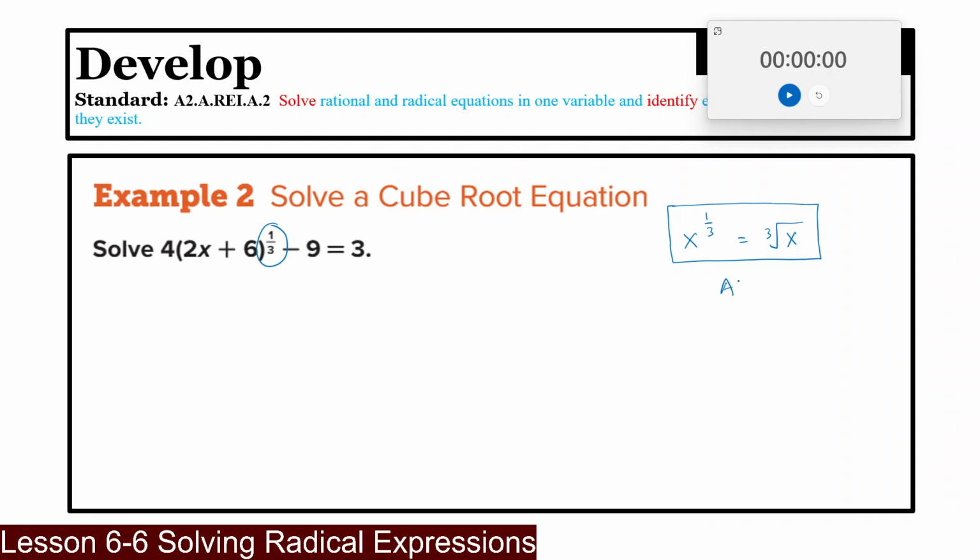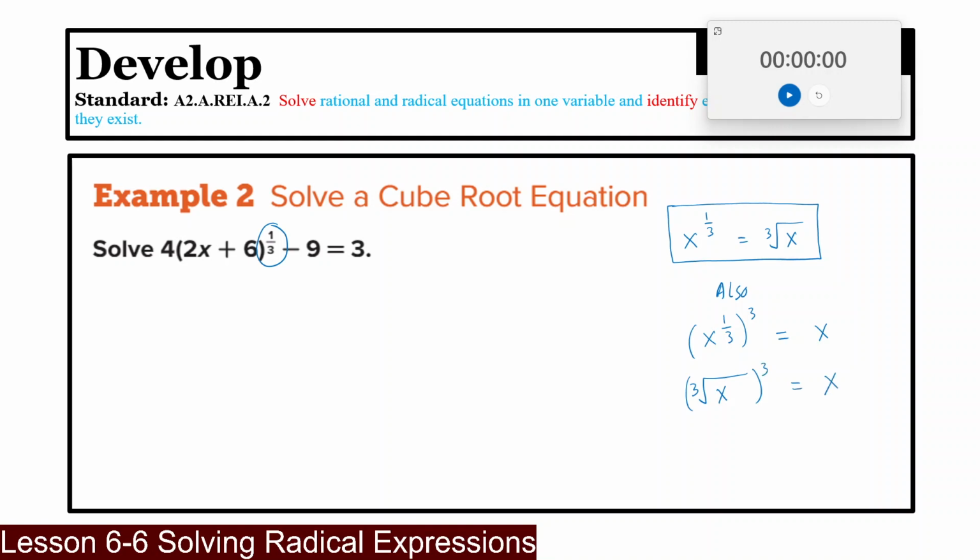Also, I know that if I have x raised to 1/3, and if I raise to 3, that turns into an x. Because I'm raising it by the index. This is the same thing as saying cube root of x raised to 3.